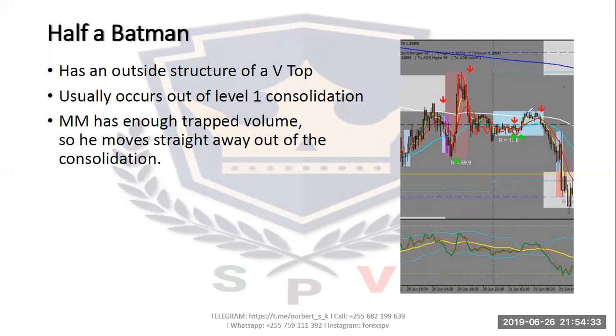That's a mild and very small stop, and then he swings the market away. So this one is the half a Batman. If you draw it, it's like a Batman here, the nose.